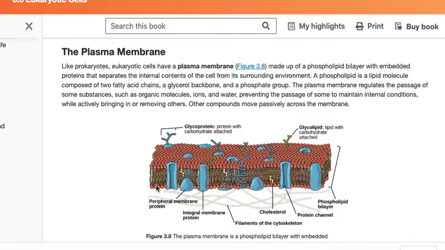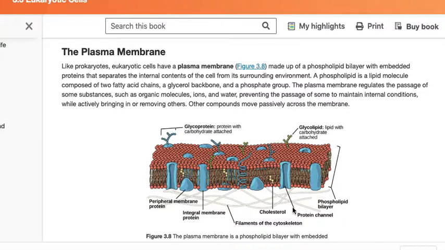And they both have these heads and they have tails. This is called a phospholipid bilayer, and inside of these are different proteins, and the proteins are channels that allow certain things, larger things, to go through. Now, some things can go straight through the phospholipid bilayer, but some have to go through these channels.